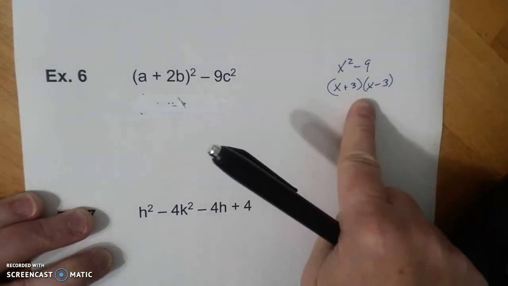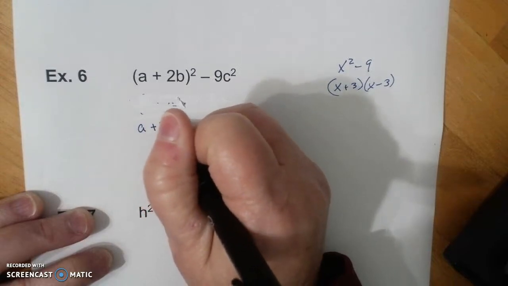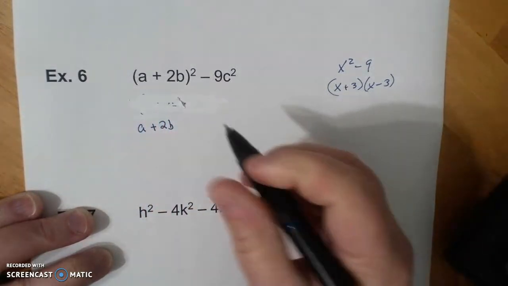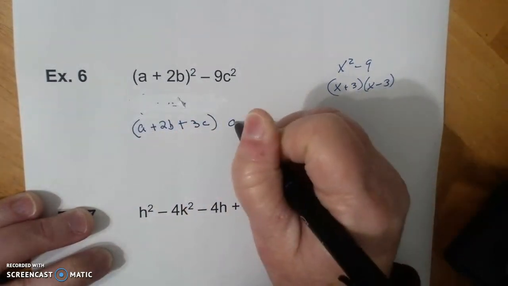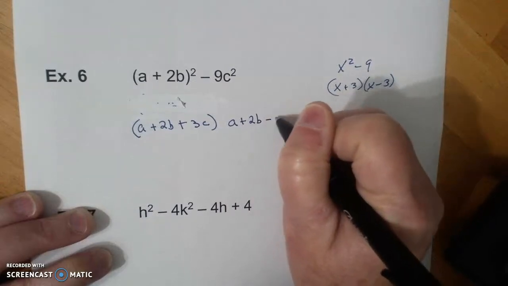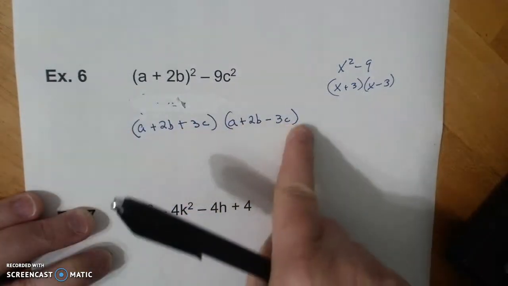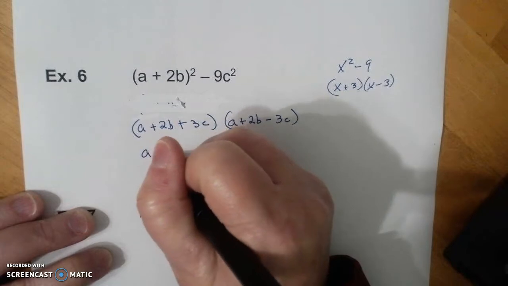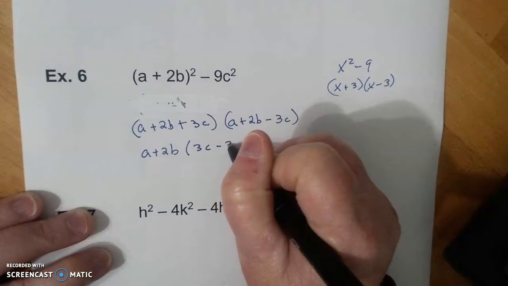So this is the format, and so this would be a plus 2b, a plus 2b plus 3c times a plus 2b minus 3c, and then you could pull out an a plus 2b times 3c minus 3c.